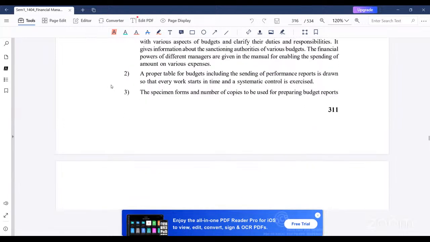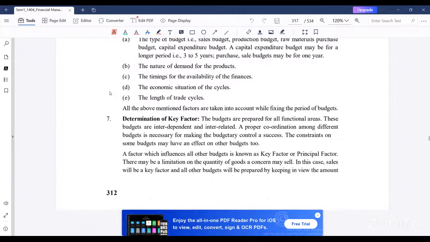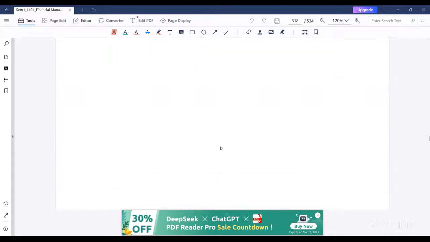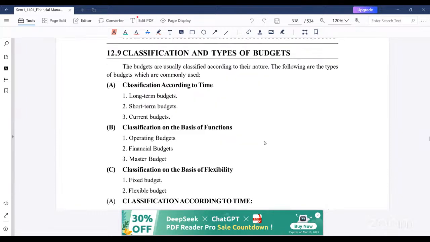These are the things you should be aware of in advance while preparing budgets. For example, as a business we need working capital to carry out the operating activities of the business, without which it's not possible. So what working capital are you going to maintain? What cash is available with you?